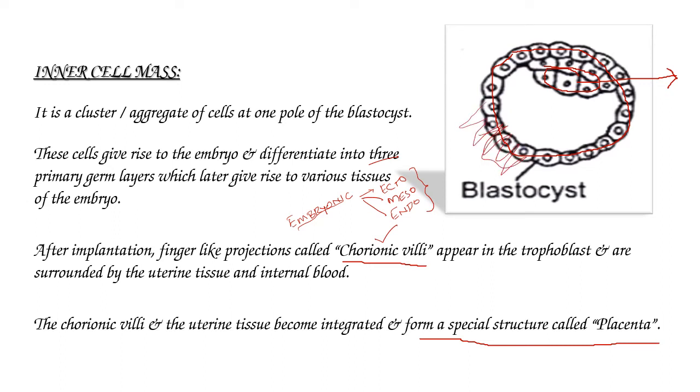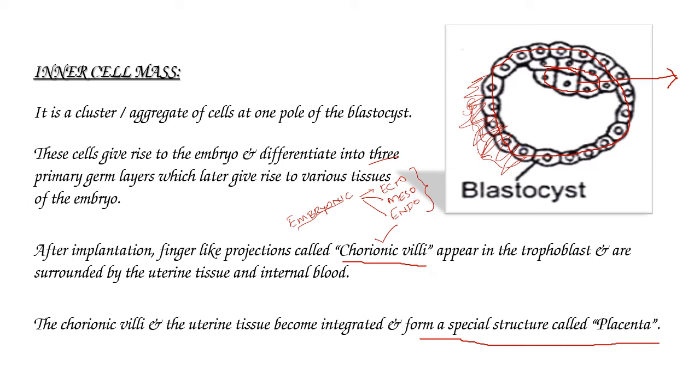These finger-like structures are called chorionic villi, and these are surrounded by the uterine tissue and maternal blood. The chorionic villi and uterine tissue become integrated, meaning joined together, to form a special structure called the placenta. Here, the chorionic villi are part of the fetus, or embryo, and the uterine tissue is part of the maternal side, that means the mother.